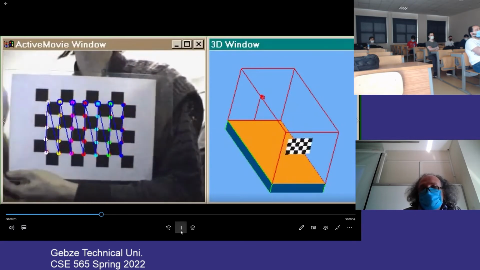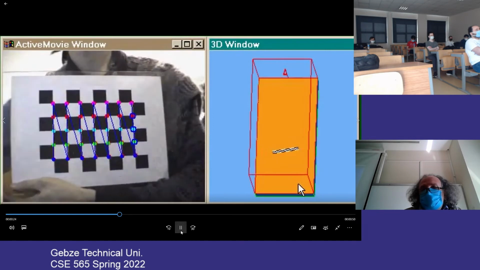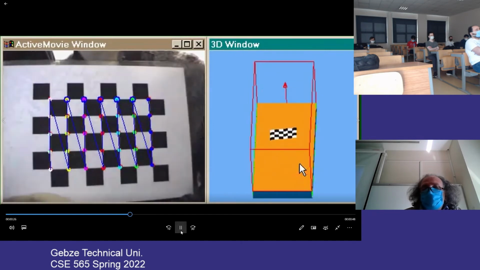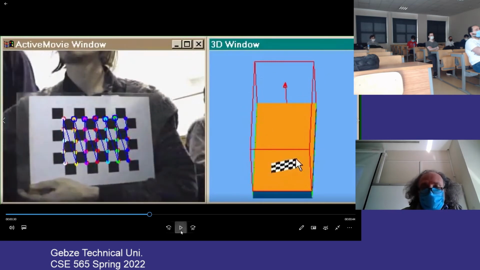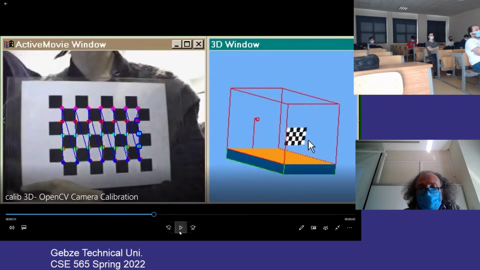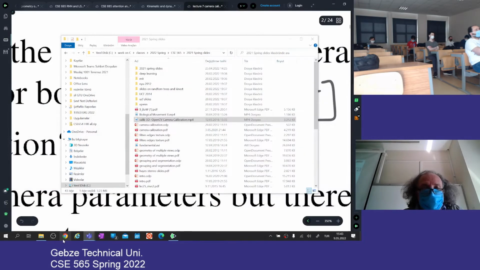So this is all possible because I already know the intrinsic camera parameters. I have full control of my virtual world, and I can do this. This is done using the OpenCV function solvePnP.